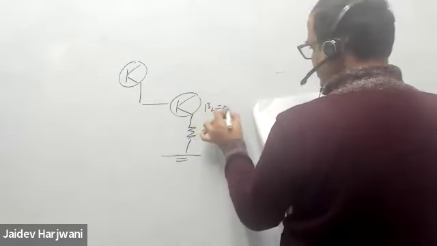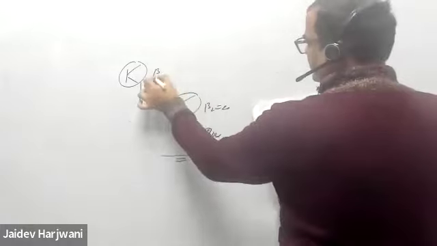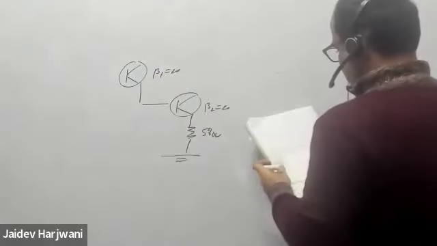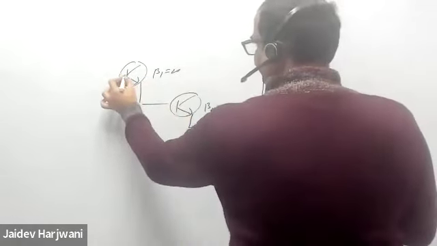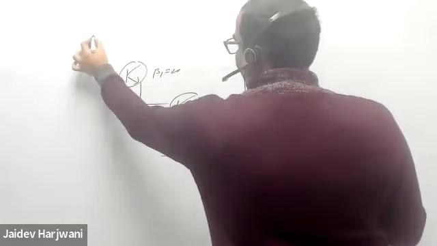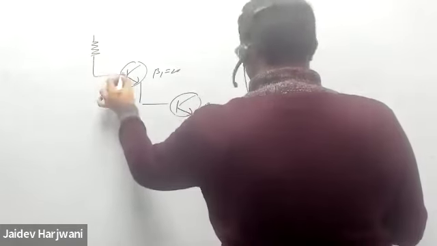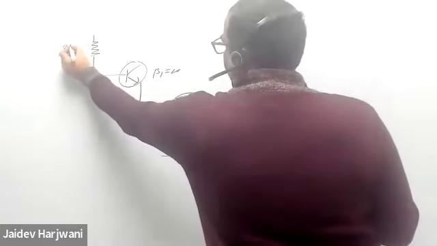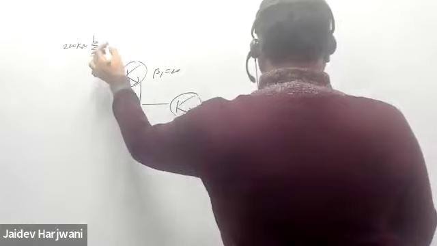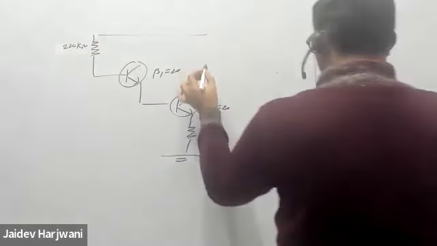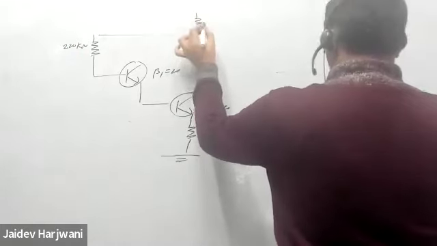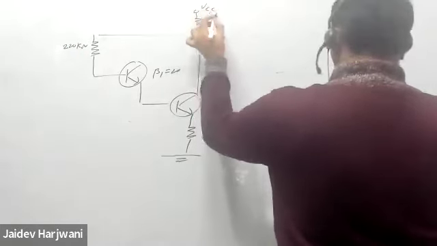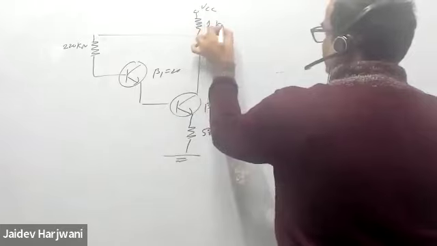Beta 2 is given 20. Beta 1 is also given 20. This is 220 kilo ohm. This is VCC. This is 1 kilo ohm.